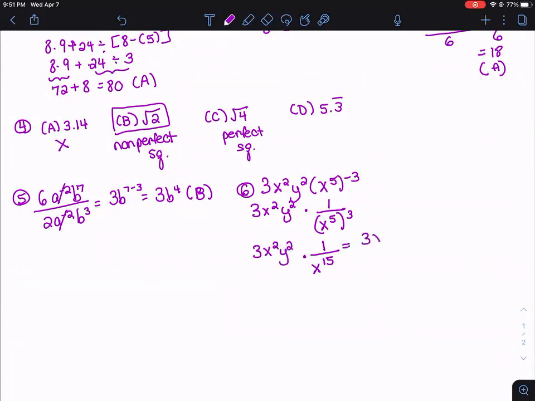You can rewrite this as a single fraction to make this a bit easier. Okay. So when we subtract our exponents, we get negative 13. We cannot have a negative exponent, so we will leave the y squared and the 3 in the top, and the x to the 13 flips into the bottom and becomes positive.